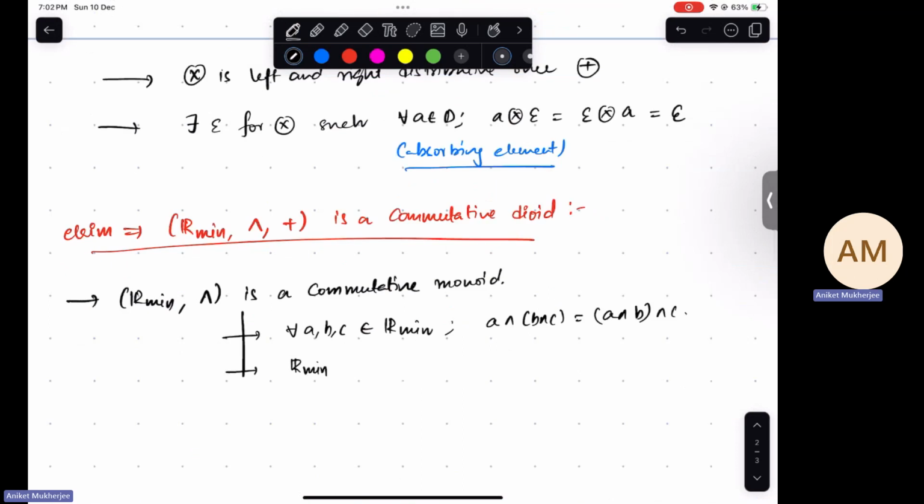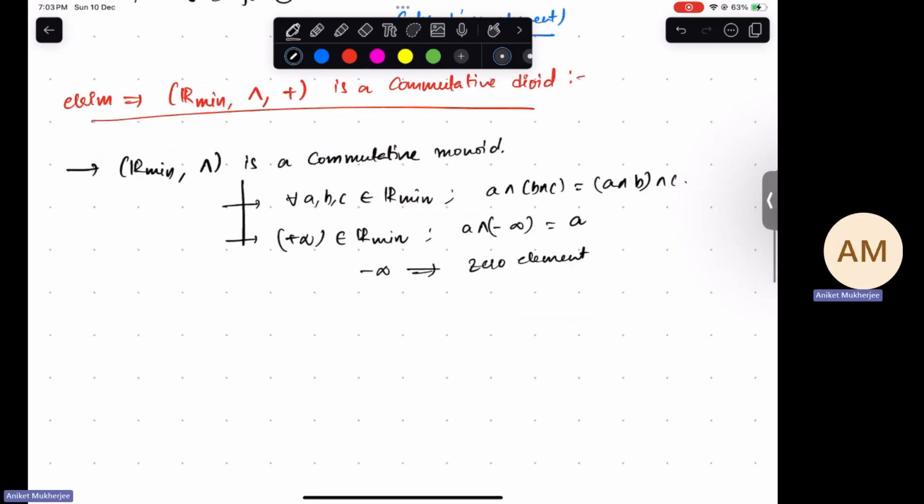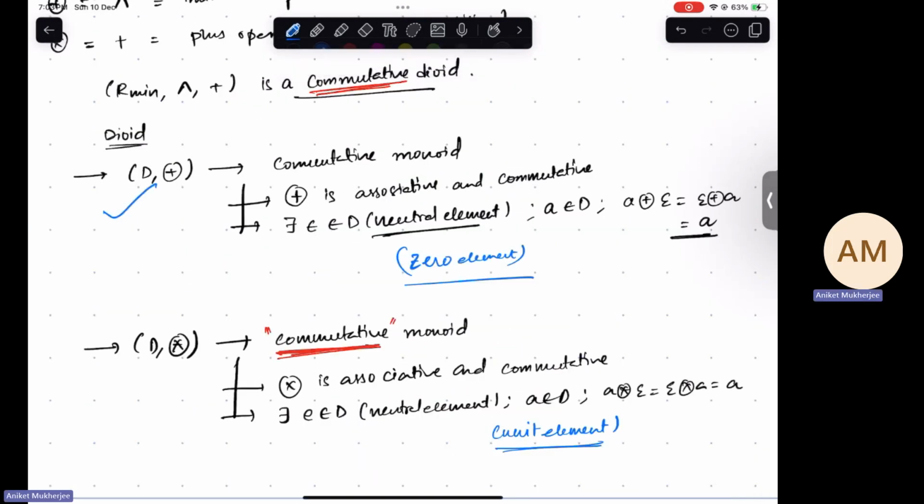So the neutral element here is, so no matter what there exists. So I know that plus infinity belongs to R min, right? And anything minimum plus infinity is equal to a. So plus infinity is your zero element, right? So the first one is proved for R min.